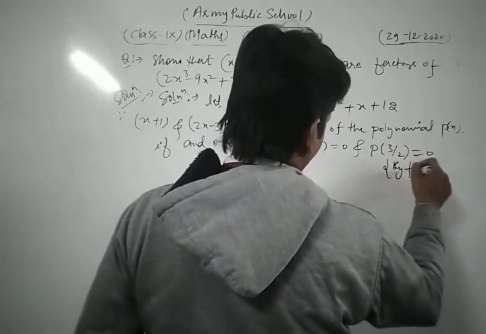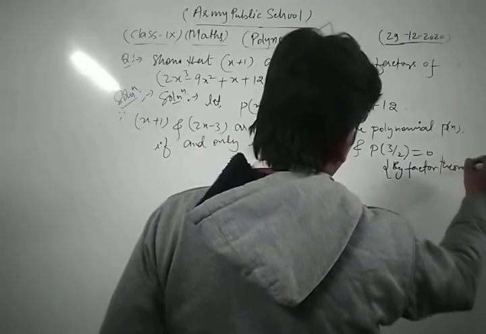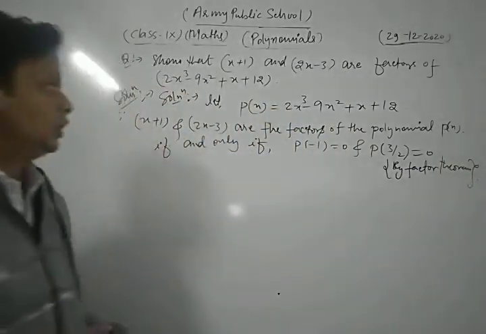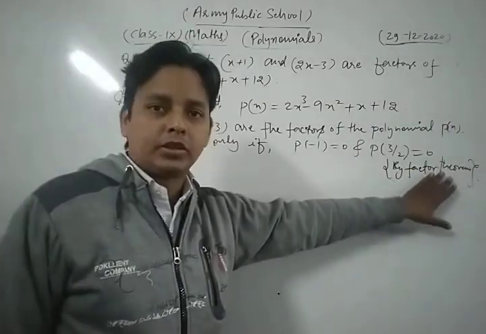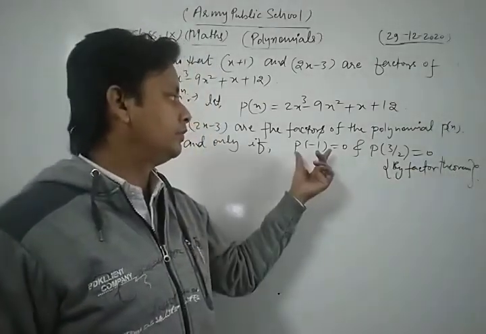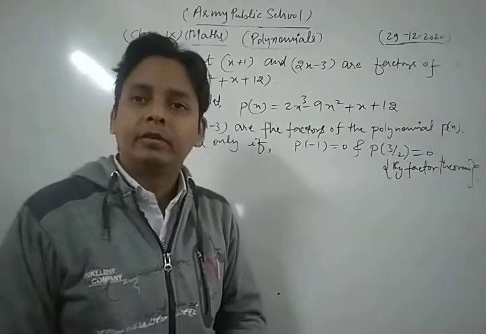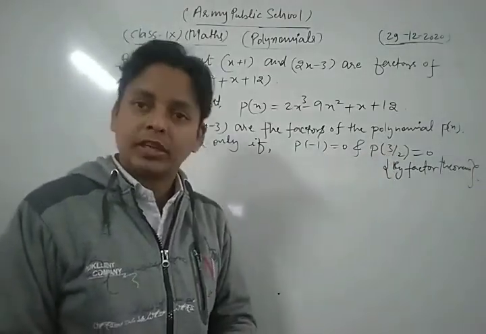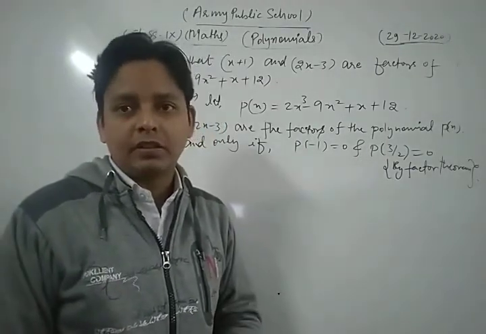By which theorem? By the factor theorem. So, dear students, this is the condition for that question. Now we have to find p(−1) and p(3/2). If both are equal to 0, then we can say that both are factors of the given polynomial.